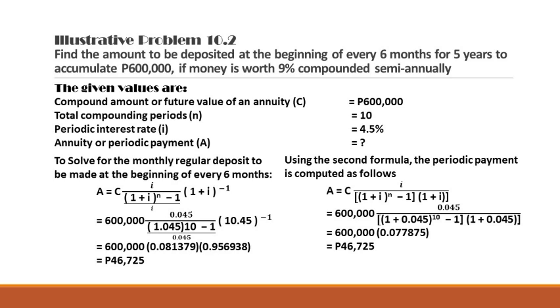By substituting each value in its corresponding place, we'll get the value of 46,725 pesos as the annuity or the periodic payment A.